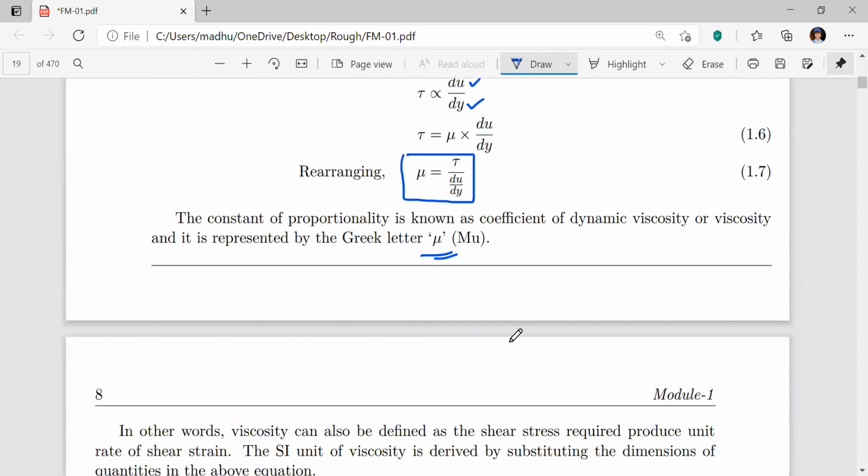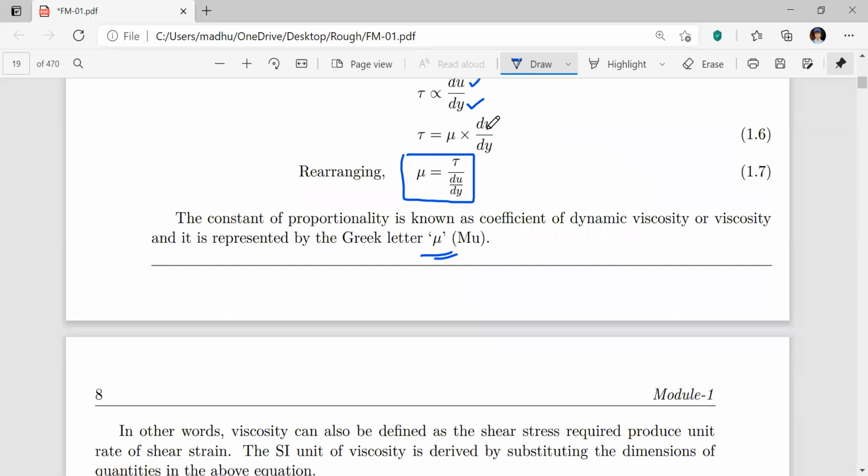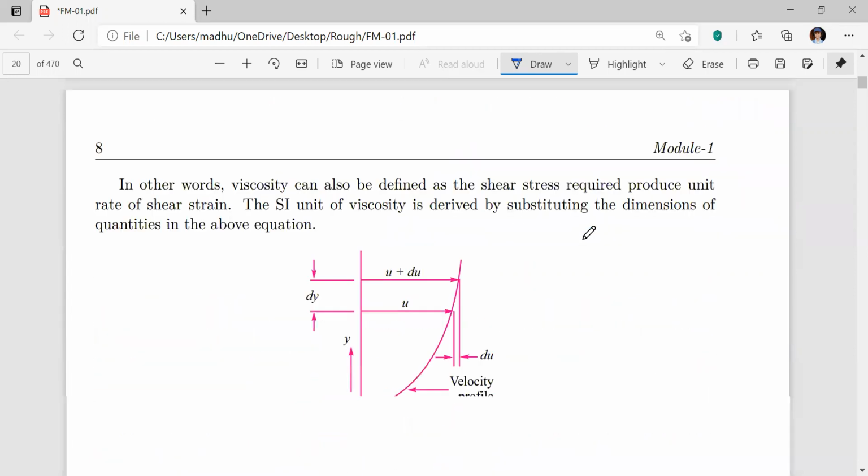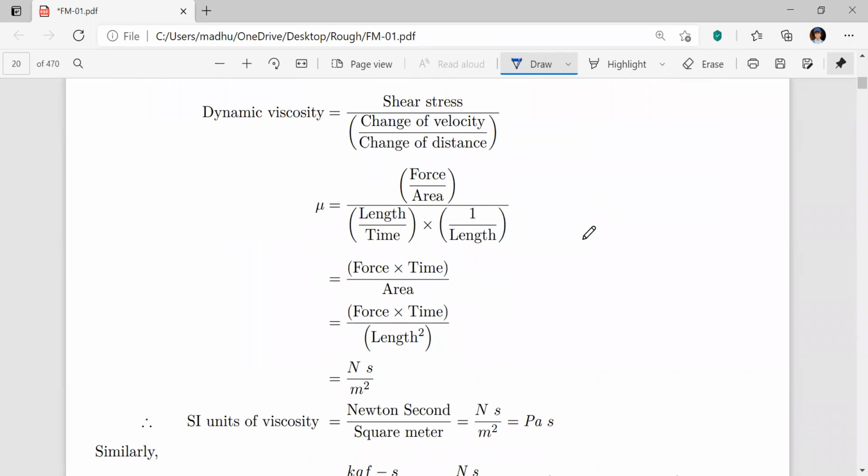So mu is a Greek letter which represents the dynamic viscosity. This is not kinematic viscosity, it is dynamic viscosity. Now we have to discuss the unit of the dynamic viscosity.